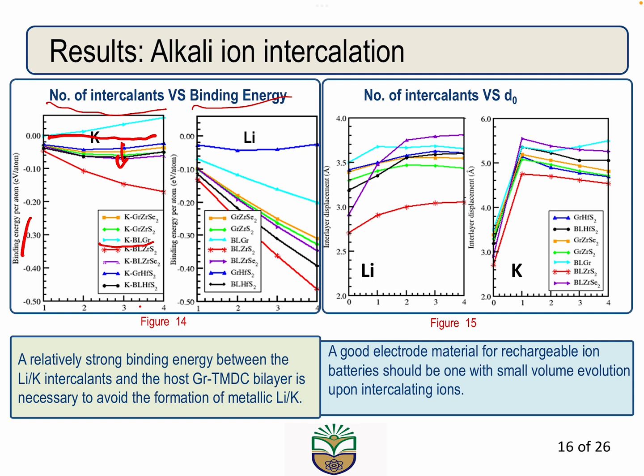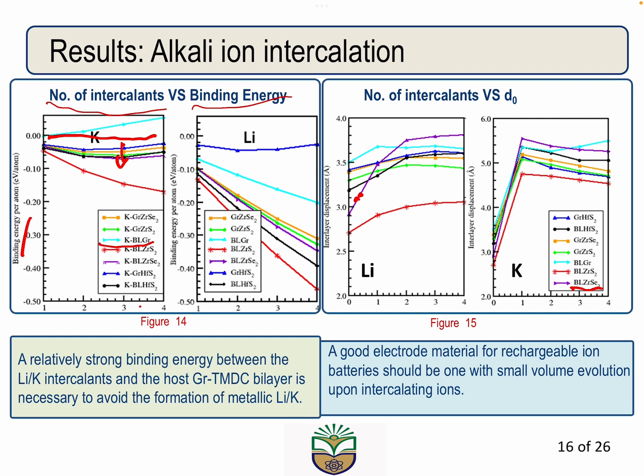In this case, we found that upon intercalation with lithium, the highest volume change was obtained in the bilayer of zirconium diselenide. It is this one with the purple line, and you find that it obtained the highest change.